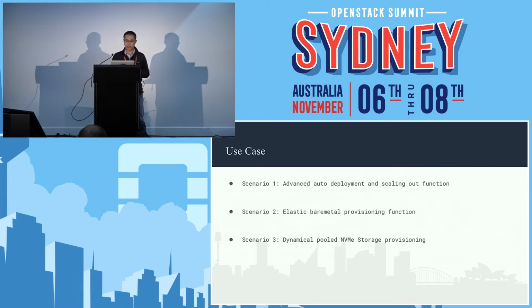The second scenario is we can use the Sushy library provided in Ironic to elastically provide bare metal from the RSD by calling the Valence API. The third scenario is that we can use the NVMe attach function to dynamically attach the NVMe storage to the bare metal, just like you attach a disk to a VM. So that is the new feature provided by the new Valence.